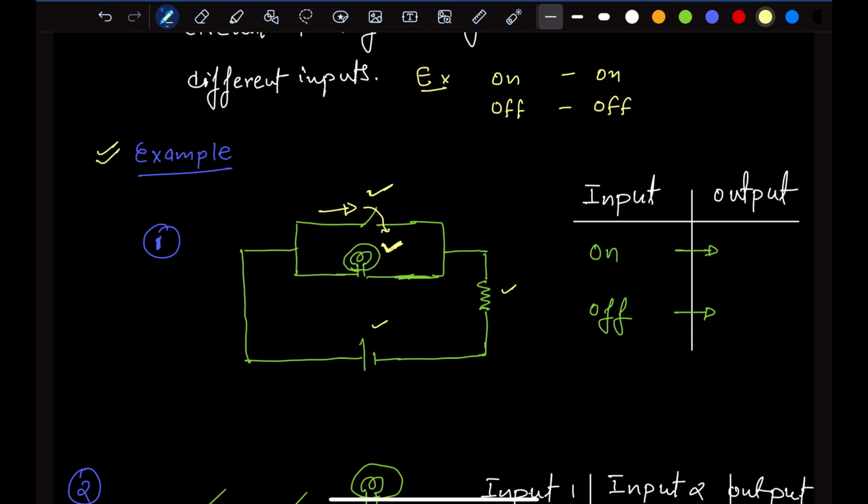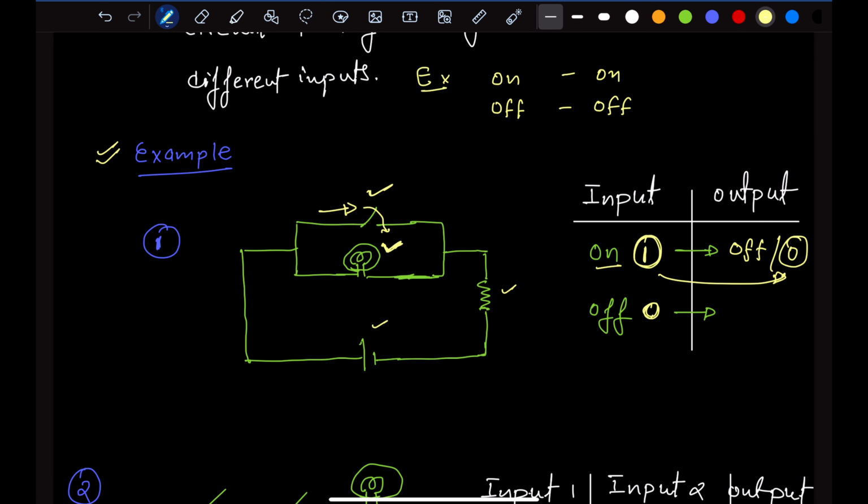So you can say it's off, and let's denote off by 0. Let's denote on by 1. So when the input is 1, it means that the switch is on, then the output is 0, right? Now let's take the just opposite input, that is the switch is off, or you can say the switch is open, and open I am denoting by 0.